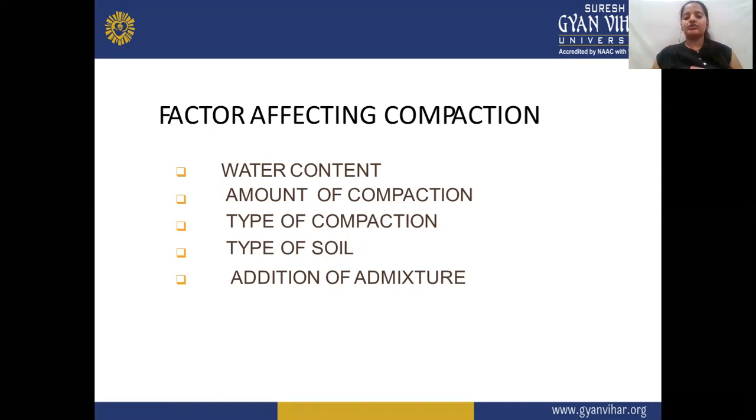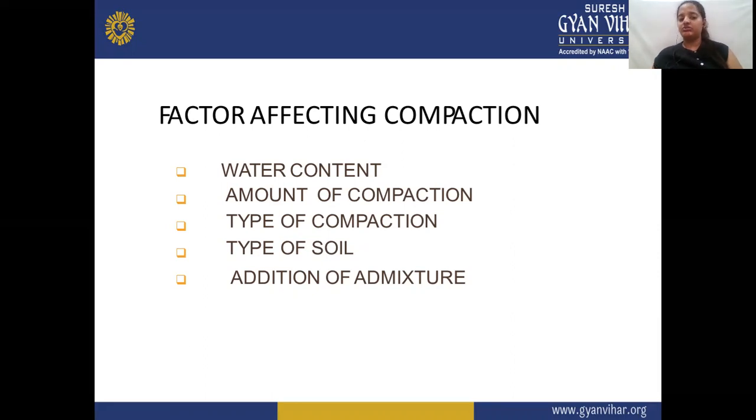So these things have to be understood so that unnecessary wastage of time does not take place. With a proper amount of compaction done in a correct way, the desired result can be achieved, and no unnecessary compaction needs to be done.